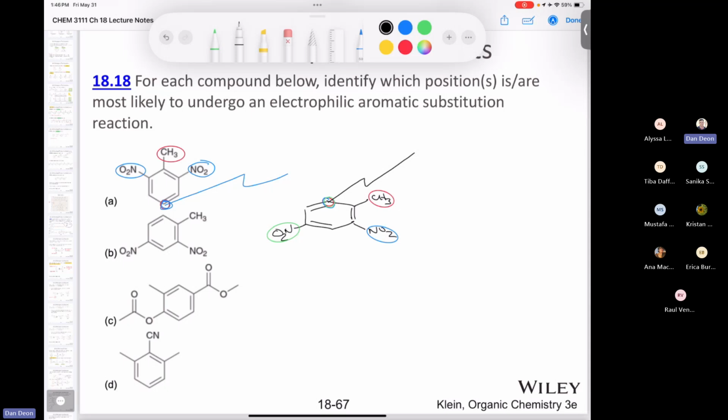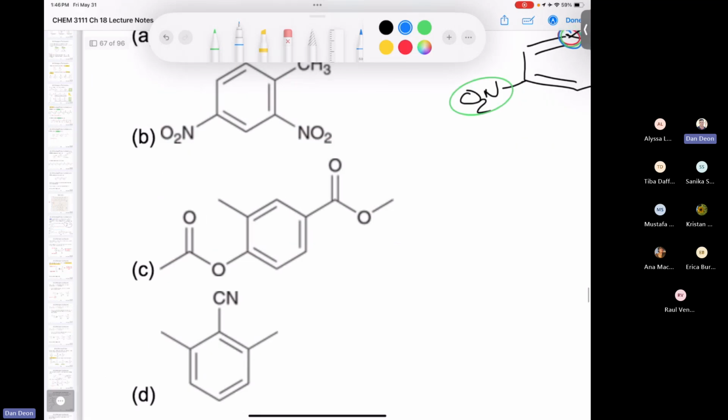So the next one's a little bit more involved. Let's start with the moderate activator. The moderate activator in this one is going to be this one where I'm drawing in the blue lone pairs. It's going to be this ester, right? These are both esters, but they're connected in different ways. The aromatic ring is connected to the sp3 hybridized carbon here, whereas the aromatic ring is connected to the carbonyl here, right? So this whole group here is going to be a moderate activator.